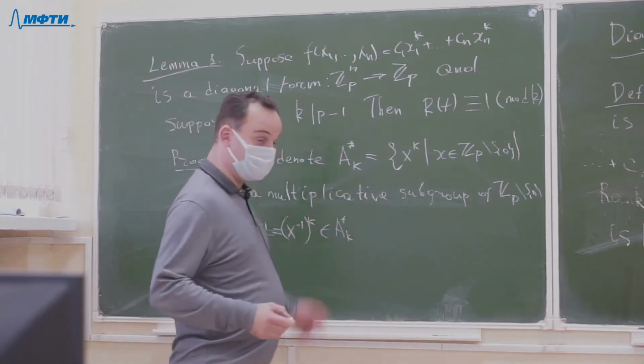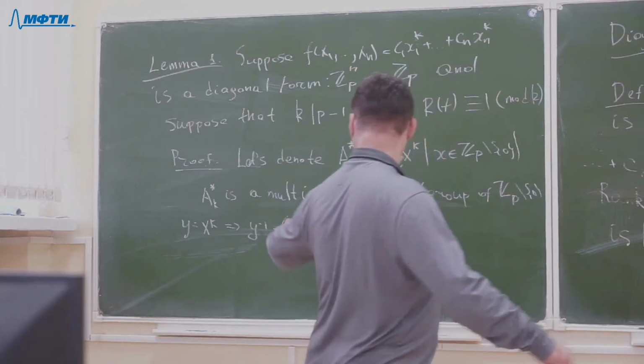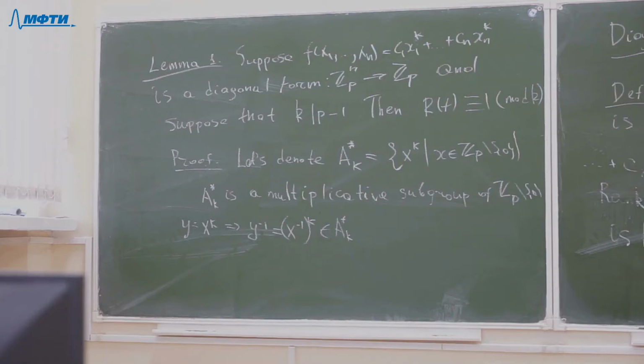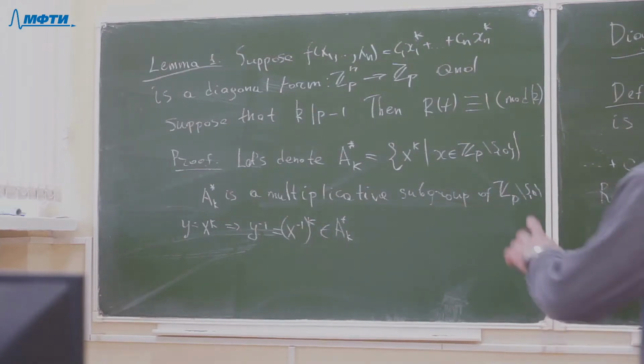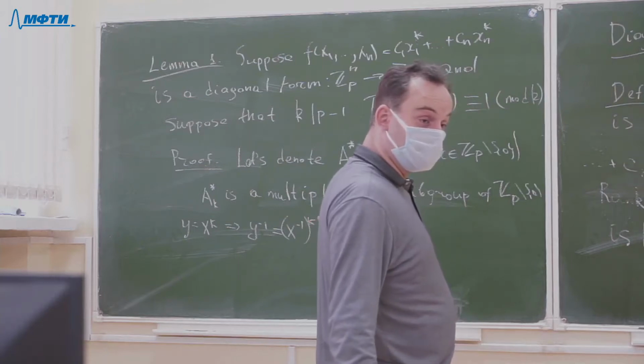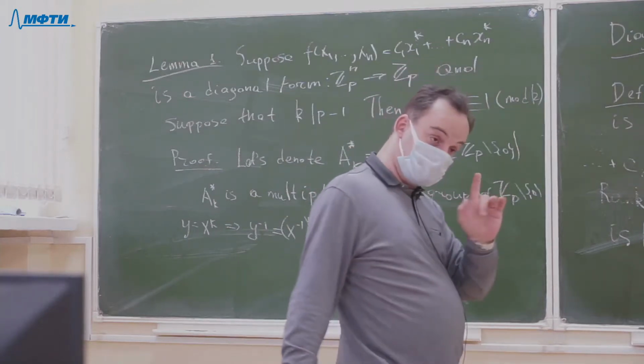That's why, by the way, we removed 0, because we cannot invert 0 modulo p. All the inversions we make inside Z_p, right?